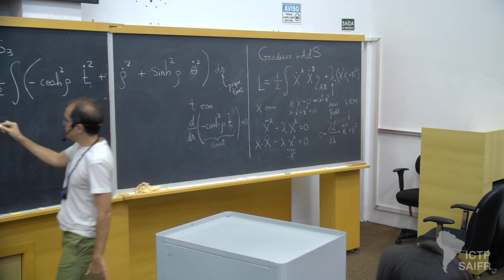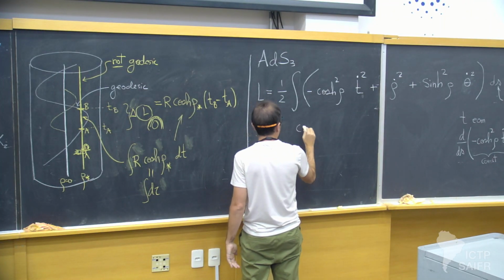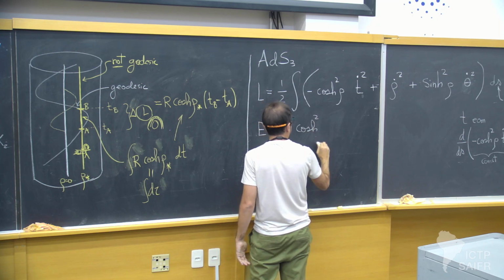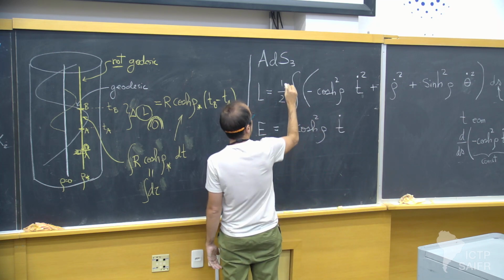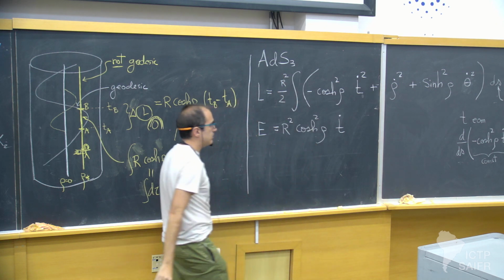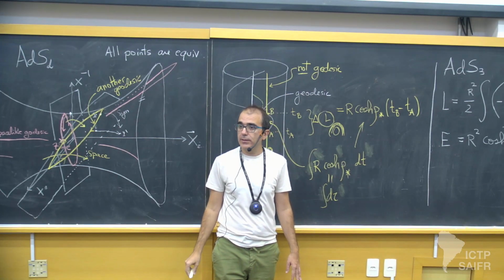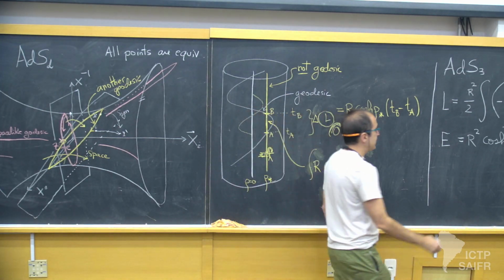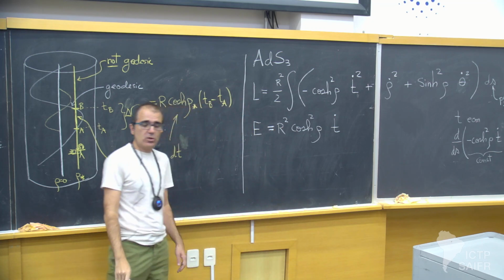So we can write energy is equal to cosh square of rho times t dot. More precisely, I forgot here an r square from the metric, so there will be some r square here. That's just an overall r square, doesn't change the equation of motion. And so this is a conserved charge. This is a definition of what we call energy.